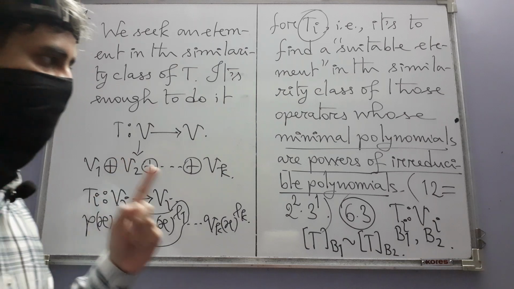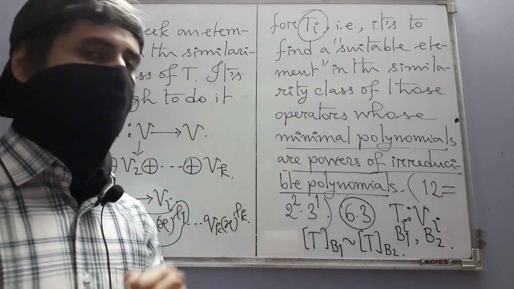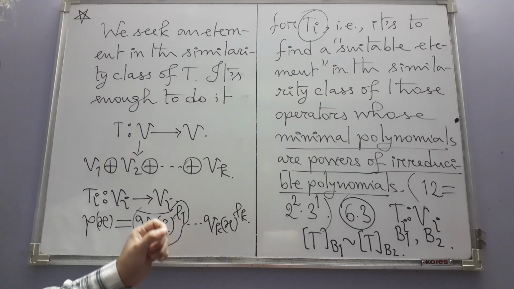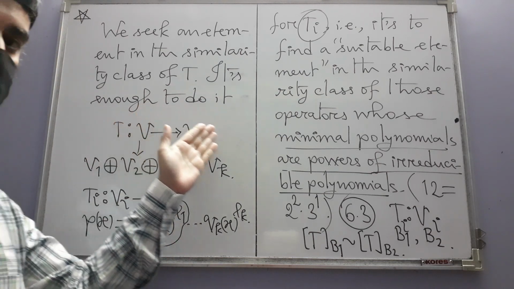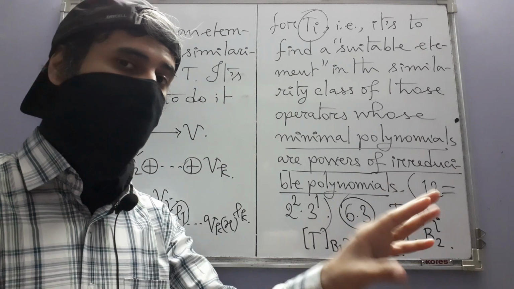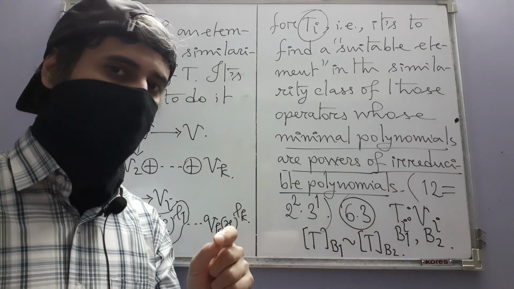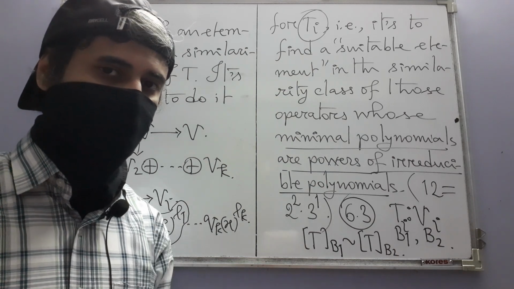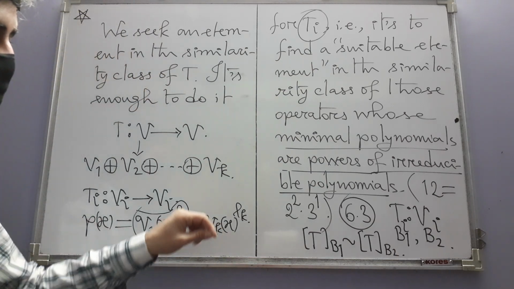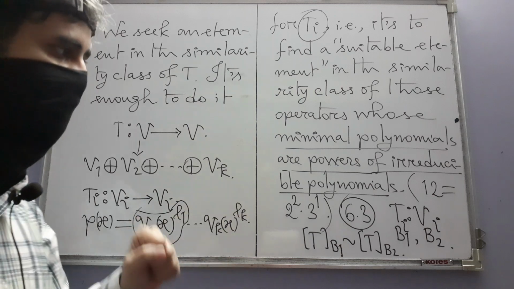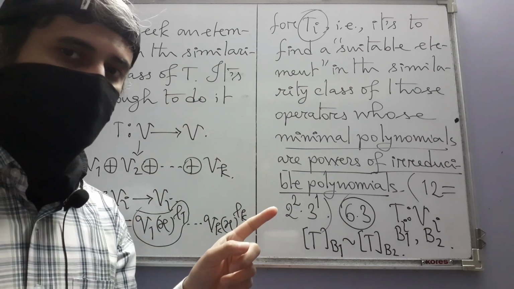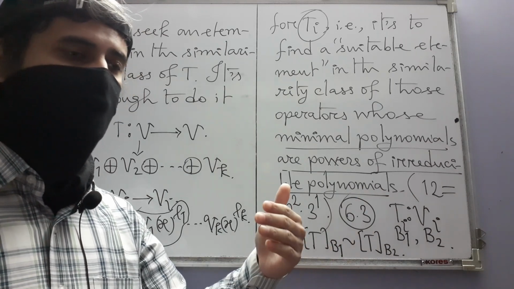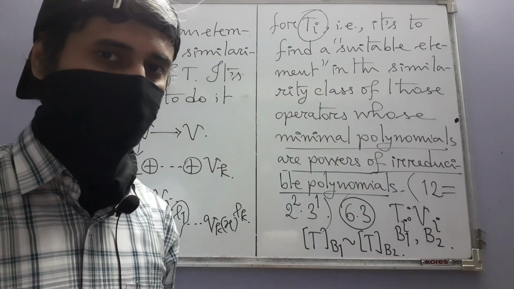Now, this actually can be done for two different situations. The first situation is that one which we have already discussed today, which got us that corollary, in which all the characteristic roots of T lie in the underlying field. That case we are going to see in this section. But there is the general case also in which that may not happen. Say some characteristic roots may lie in some extension of the underlying field.